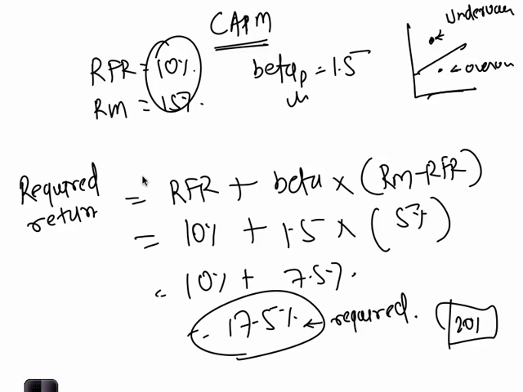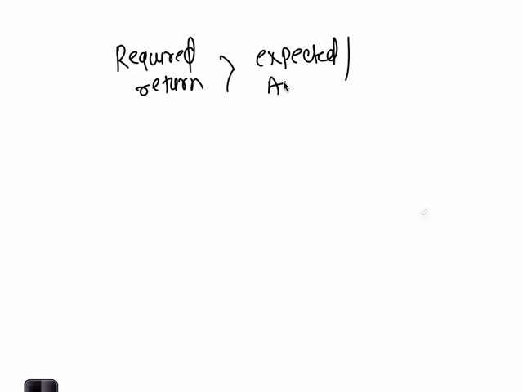Okay, so let me make a quick summary. If required return is more than expected or actual return, then the stock is, tell me, how many of you feel overvalued? How many of you feel undervalued? Overvalued. Okay.